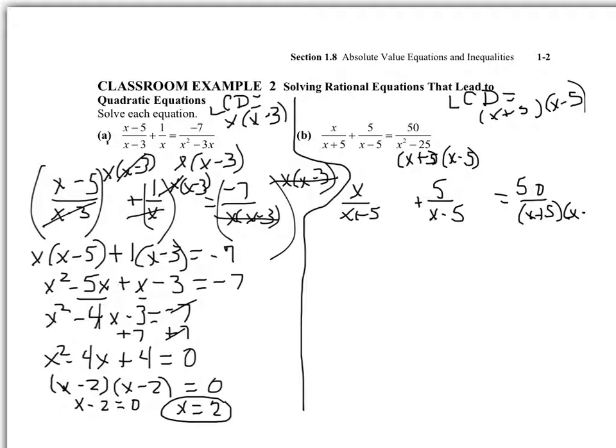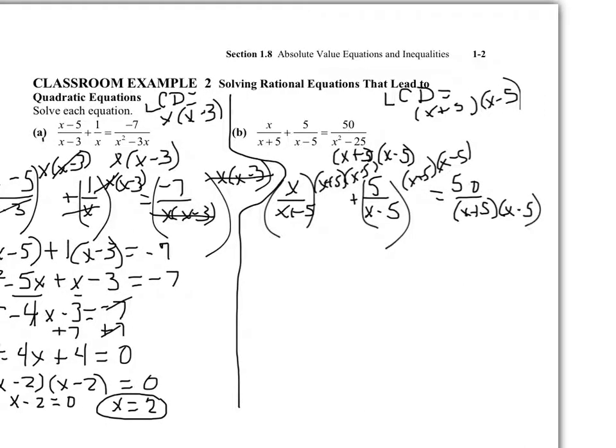There we go. Now we'll multiply this first term by our LCD. We're going to multiply the second term by the LCD. And this last term also needs to be multiplied by the LCD.